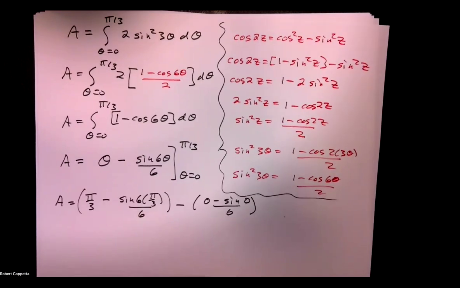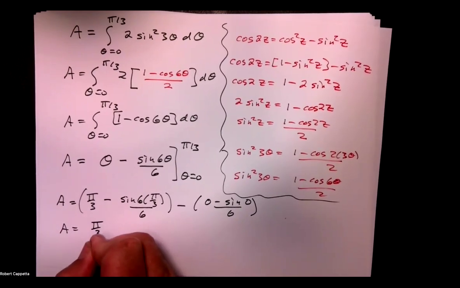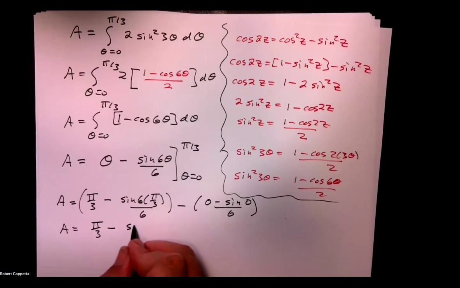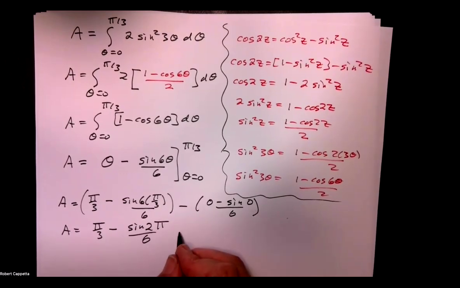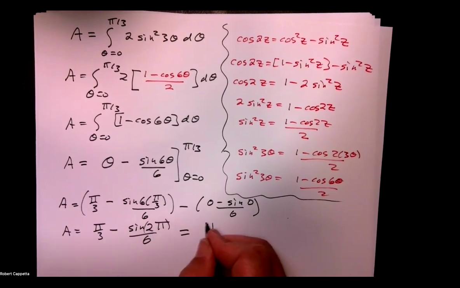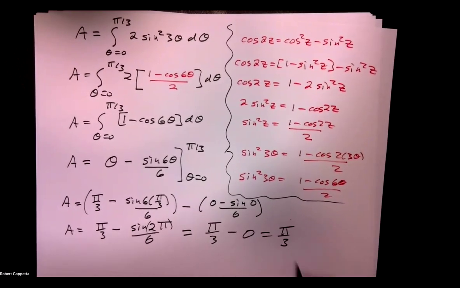We get the area is pi over 3 minus sine of 6 times pi over 3, which is 2 pi, over 6. That stuff's all 0, and sine of 2 pi is just 0, so I get pi over 3 minus 0 equals pi over 3, which is kind of interesting.